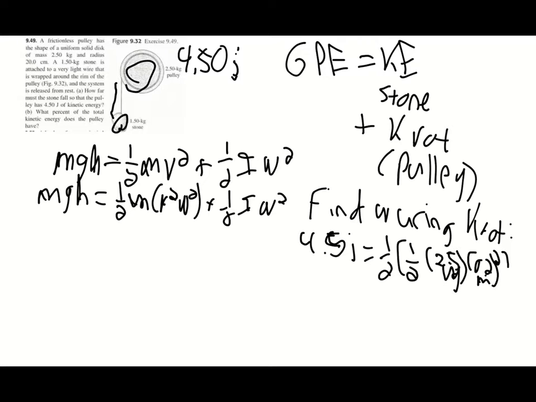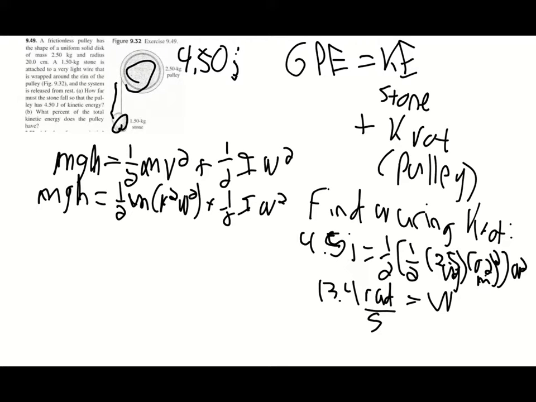So we have I and omega squared. If we solve all that out, we get an omega of 13.4 radians per second.